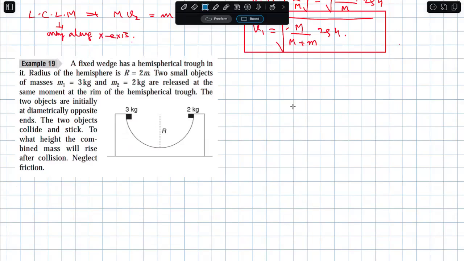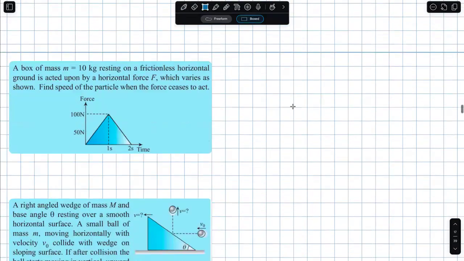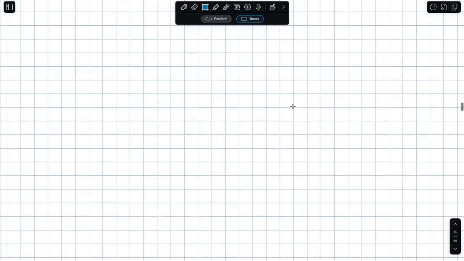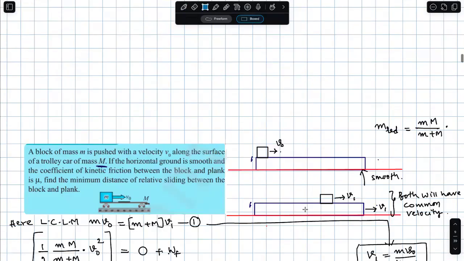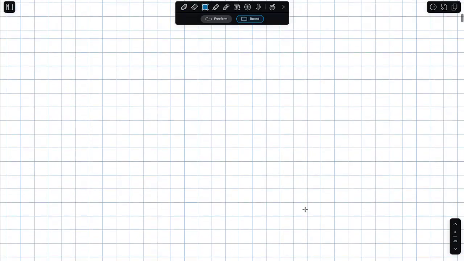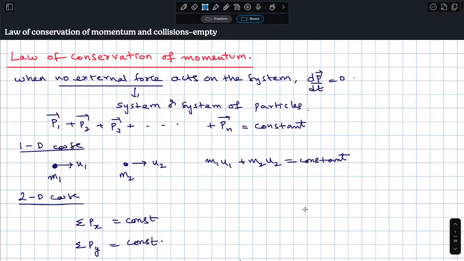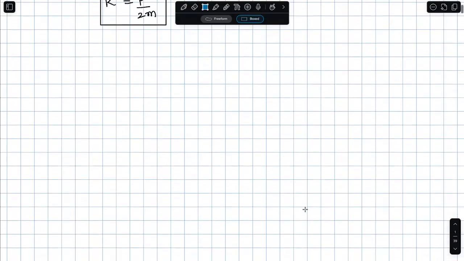A fixed wedge has a hemispherical track. Okay, there, collision concept is required for this. So now I'll teach collision theory. I'll teach collision theory now.